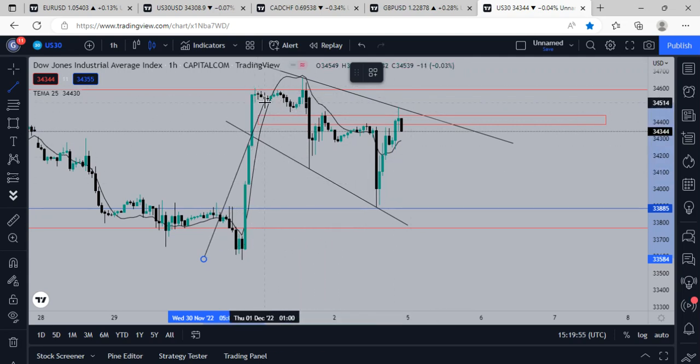So we had a change of structure. We were buying, and our price made a higher high. That is completely normal because in a buying trend, you get higher highs, lower highs, higher highs, lower highs. So after price made this higher high, price is now making a lower high.